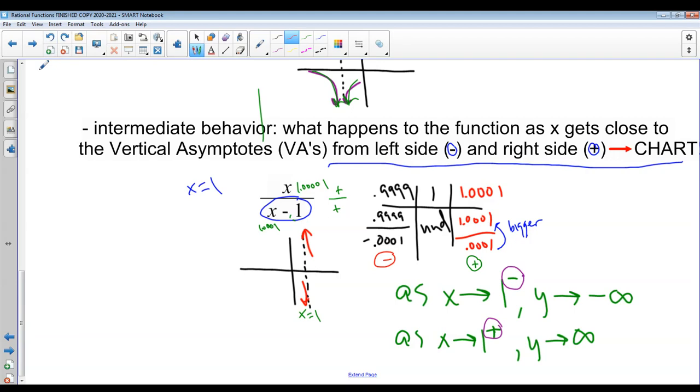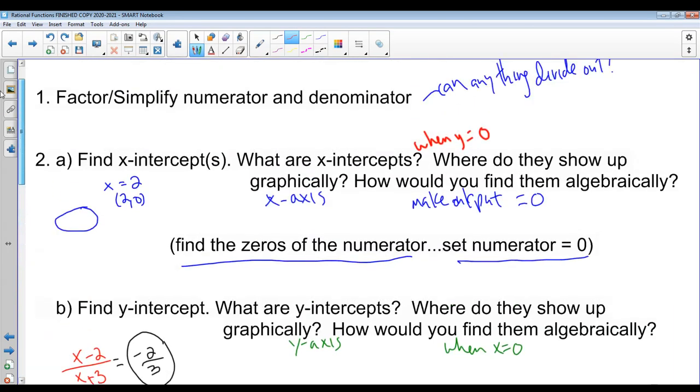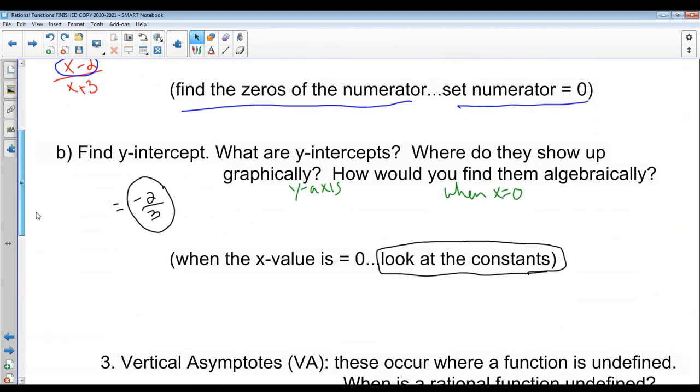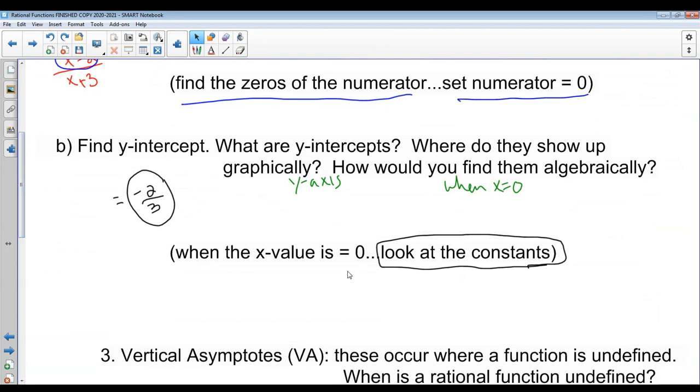But that's kind of the main, well, not the main, that's three of our first steps to getting these rational functions graphed. All right, so we look at where the x-intercepts are. The x-intercepts happen when the output, when the y is 0. And to find that, we set the numerator equal to 0. We look for the y-intercepts. So to find the y-intercepts, we find when x is 0.